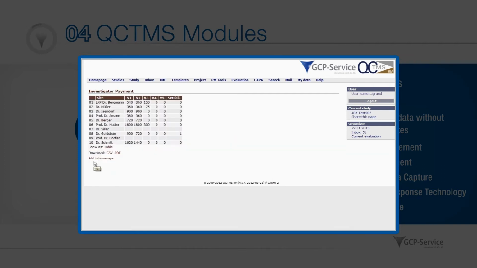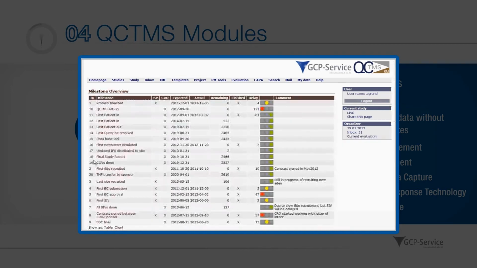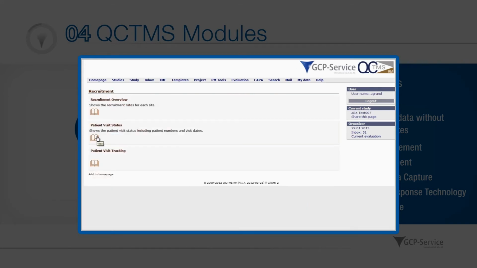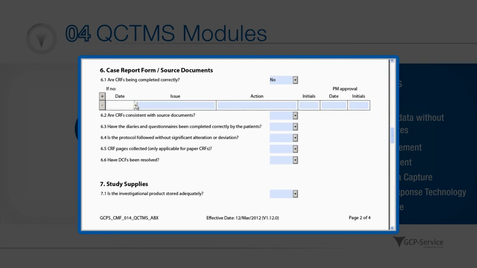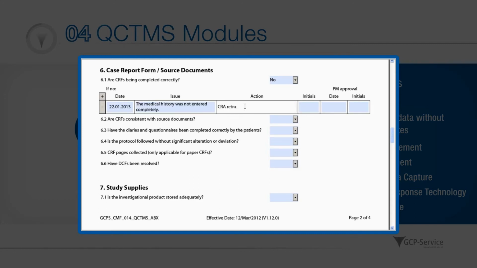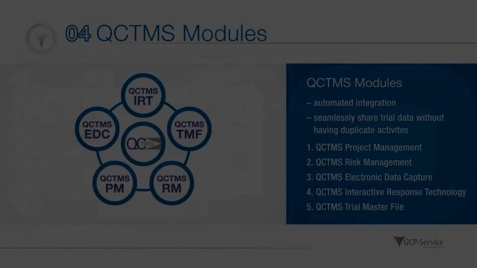It controls budgets, investigator fees, milestones, timelines, enrollment, and subject visit status. It gives automatic instructions and guidance to the clinical monitoring teams who can report offline on-site information during site visits or during their journeys to the system. All tools work with standard software. No additional software needs to be installed on the computers of Qctms users.